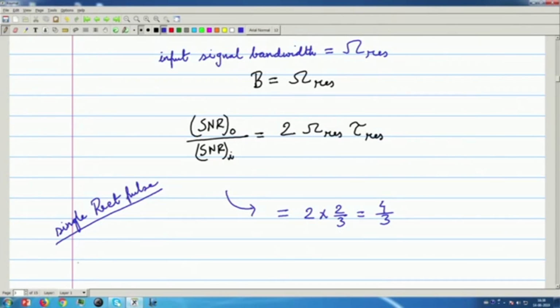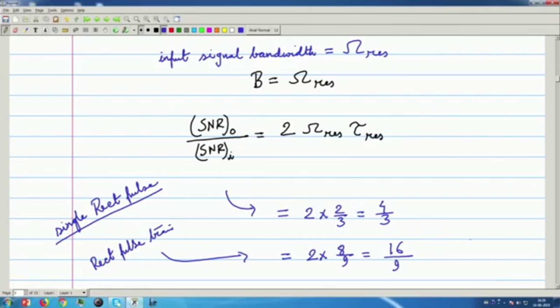For a rectangular pulse train, this gain will be 2 into 8 by 9, that is 16 by 9. So, this is 1.33, and this is almost 1.8 something, but these are fixed.